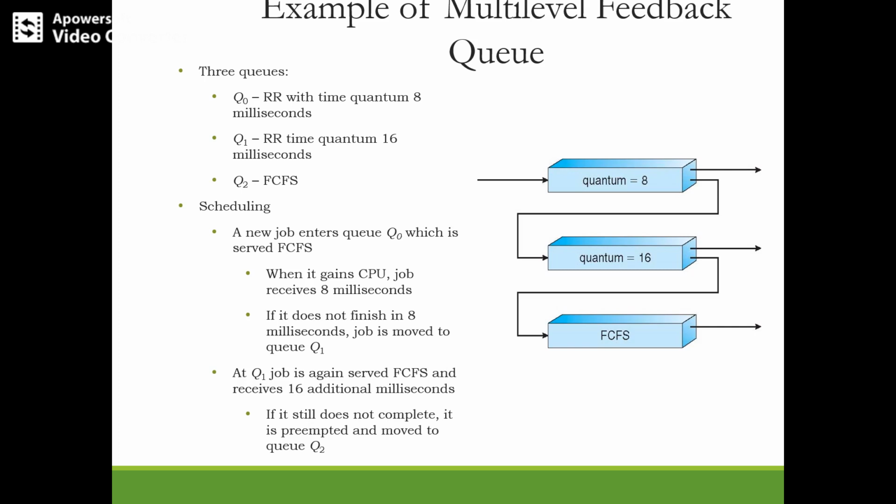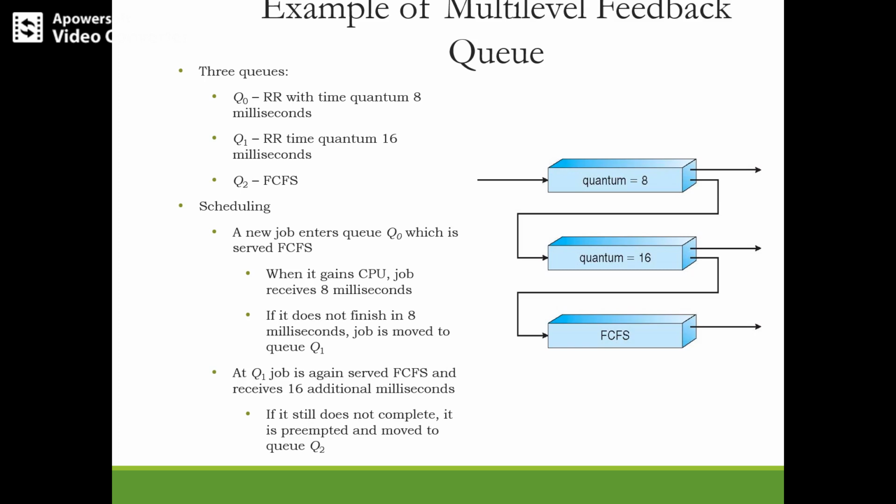A new job enters the queue. A process that arrives for Q1 will preempt a process in Q2, and a process that arrives for Q0 will in turn preempt a process in Q1. A new job that enters Q0 is served in FCFS manner, and when it gains the CPU, it receives 8 milliseconds.